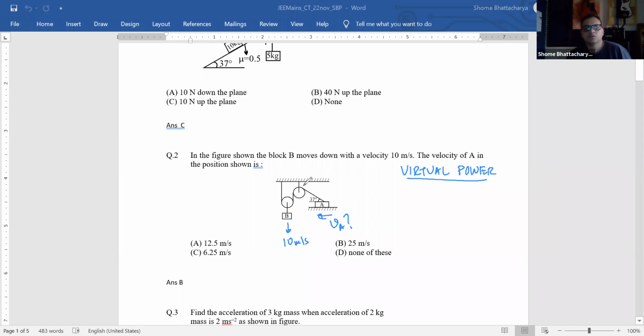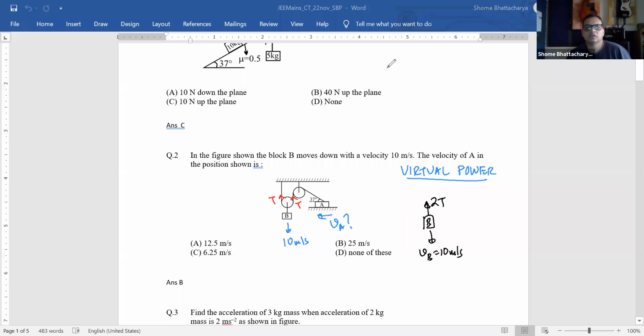Okay. So what is happening is you can see that on block B, there is 2T acting upwards. It has a downward velocity of 10 meters per second.